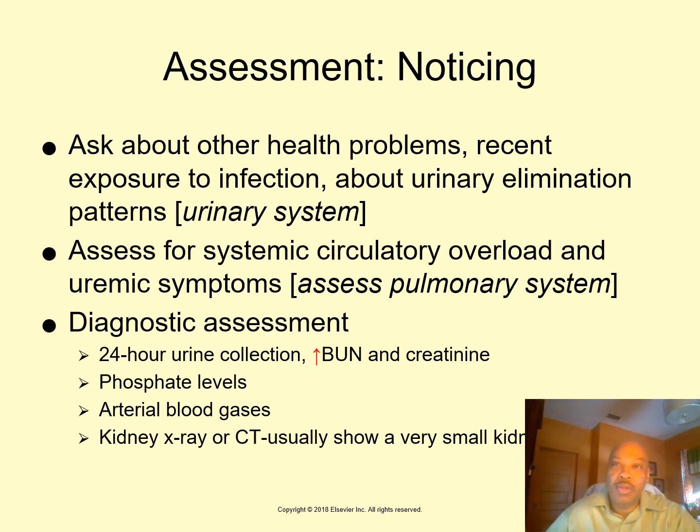They're not able to excrete the hydrogen ions, and therefore they're holding on to the hydrogen ions, meaning they become more acidic. Their blood becomes more acidic. The pH is very low. And so these patients are said to be in metabolic acidosis. Also, these patients might have a kidney x-ray or CT scan. And this usually will show a very small kidney.